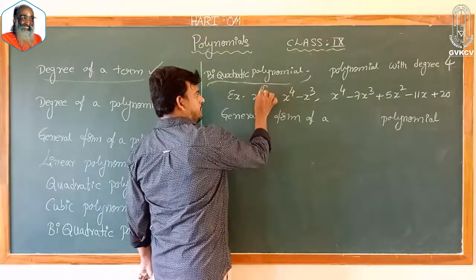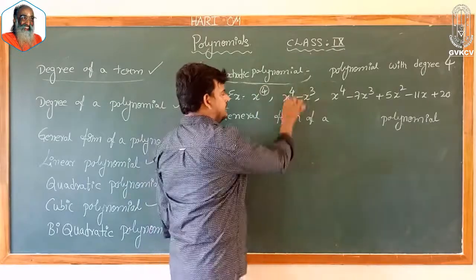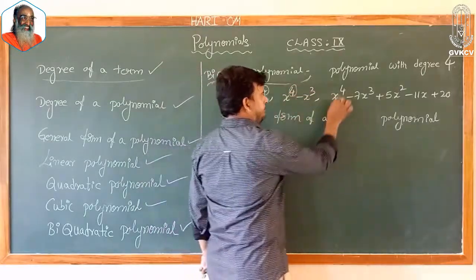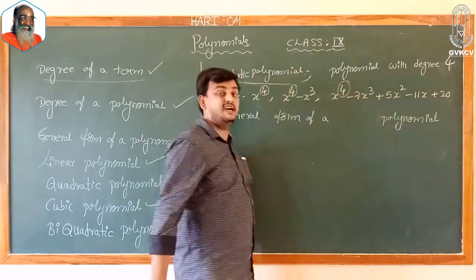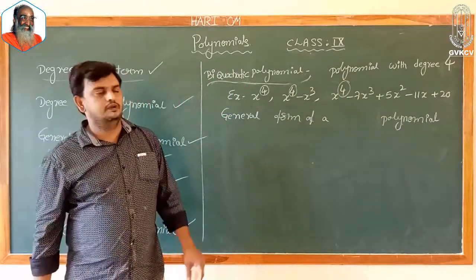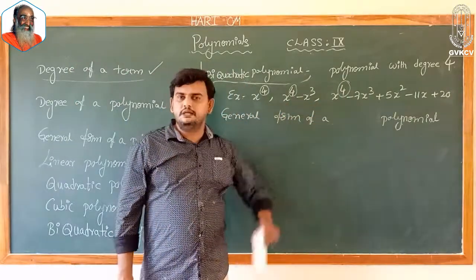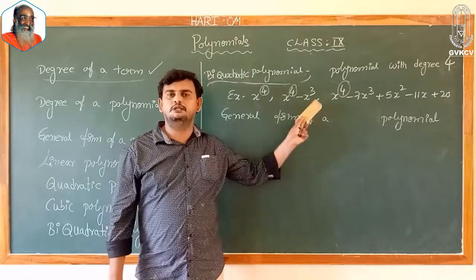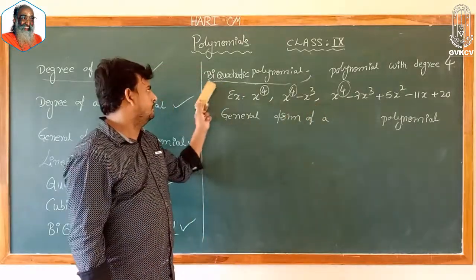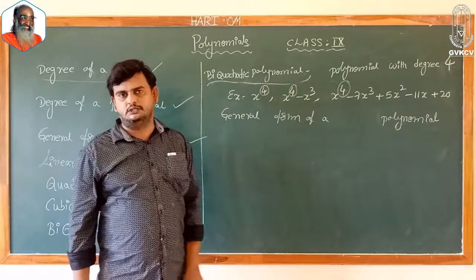Here the variable power is 4, here also the variable power is 4, the highest variable power. In all these polynomials the degree is 4, so these polynomials are called biquadratic polynomials.